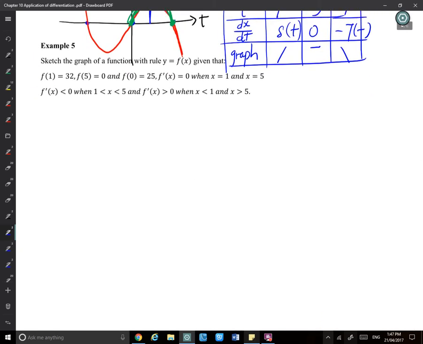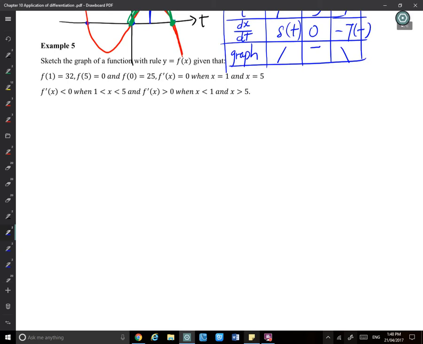Okay, example 5. Example 5 is important. That's one type of question that always appears in the VCAA exam in the multiple choice. I will show you after we finish the course a classification of all the types of questions for the VCAA exam, what type of graph is what proportion in the exam for the past 10 years.